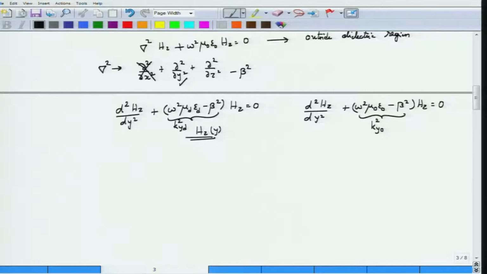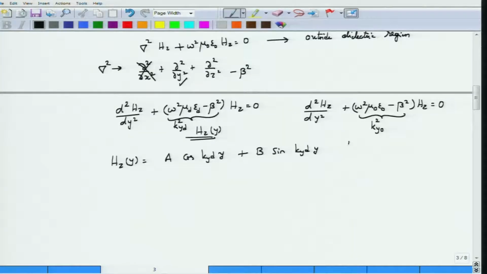Now how do I solve this equation? Well, these are second order ordinary differential equations. The solution for these equations is also known. Hz of y will be some a cos k_yd y, or it could be b sin k_yd y.